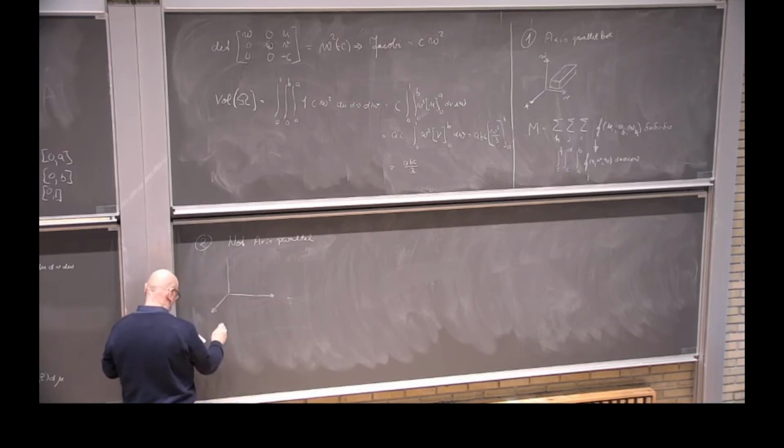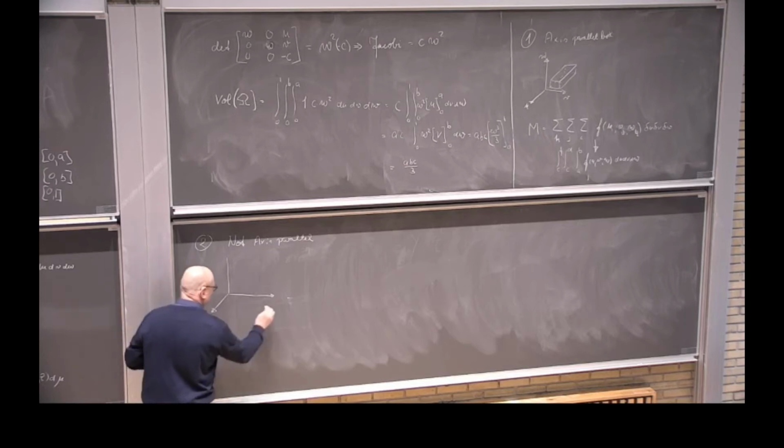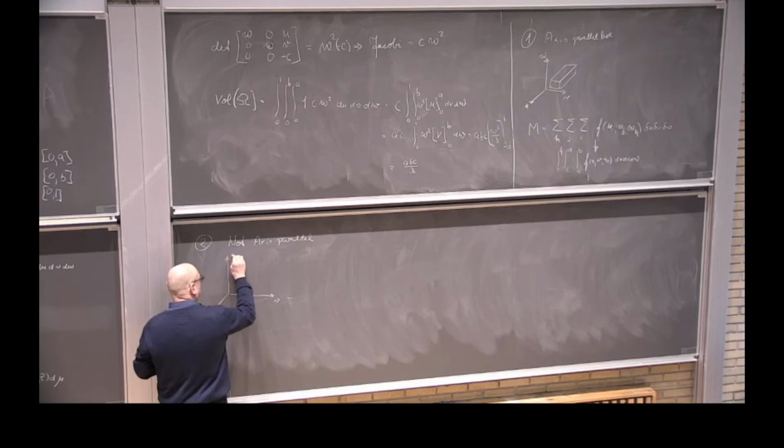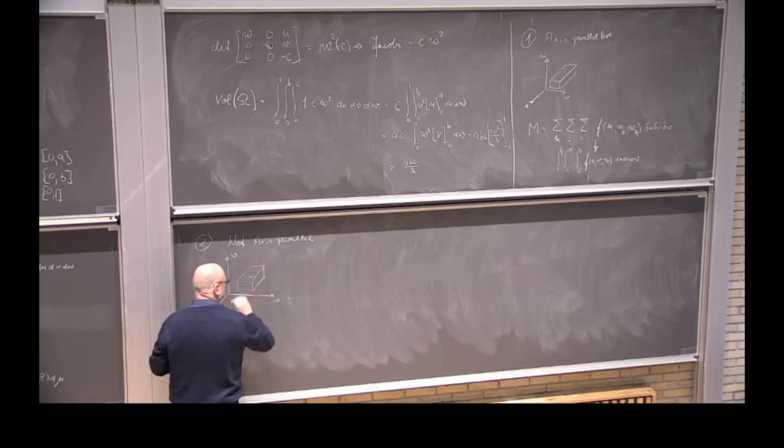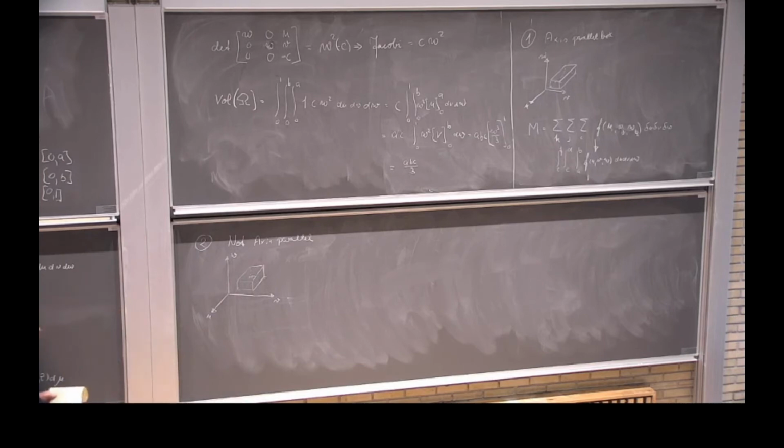You still have your parameter box, U, V, and W. So I have, say, this box here. So this is the box in parameter space, and it is axis parallel.